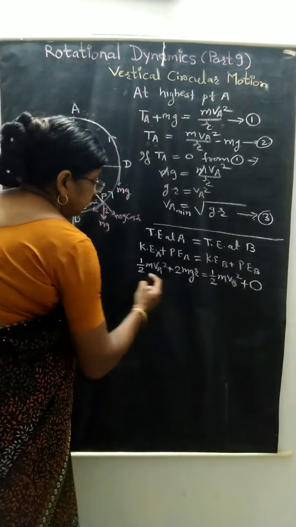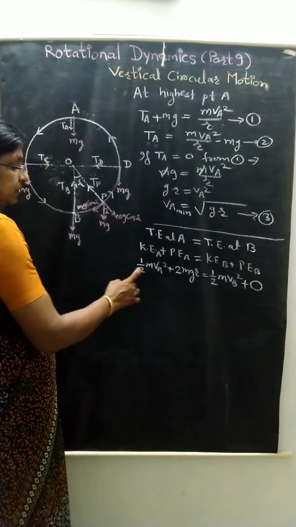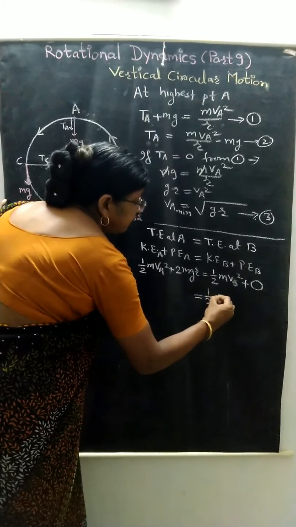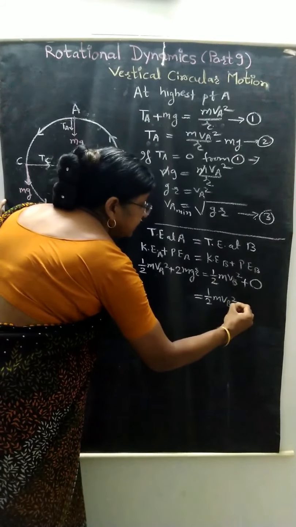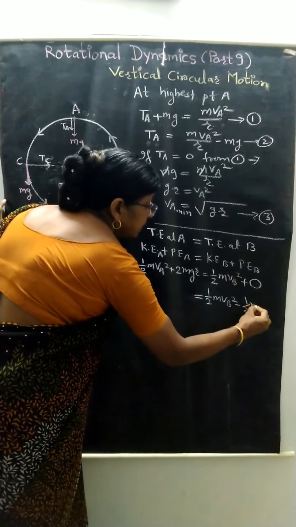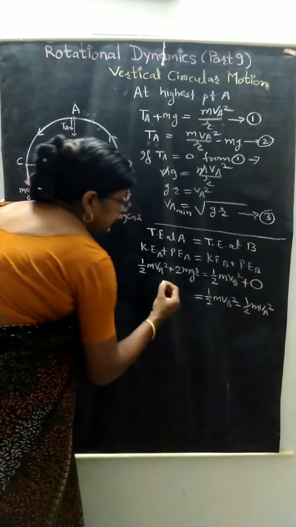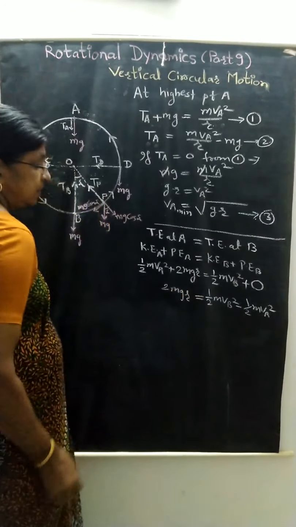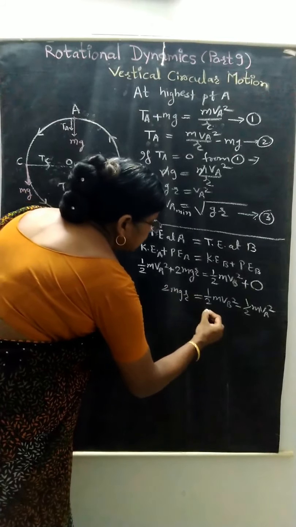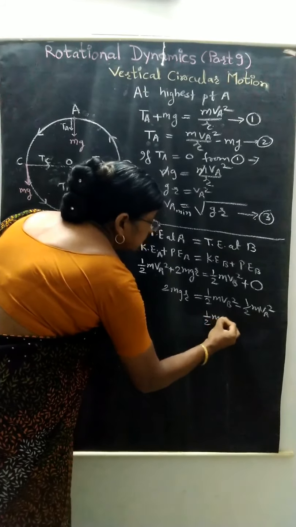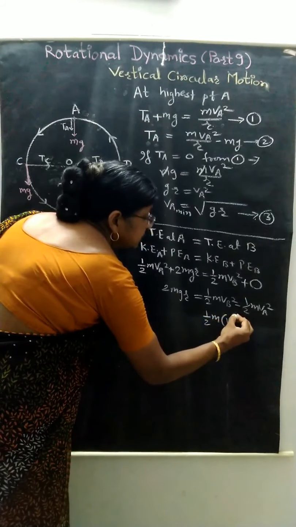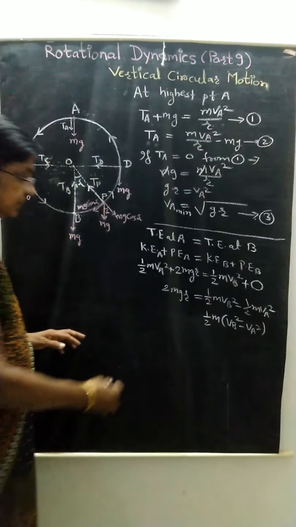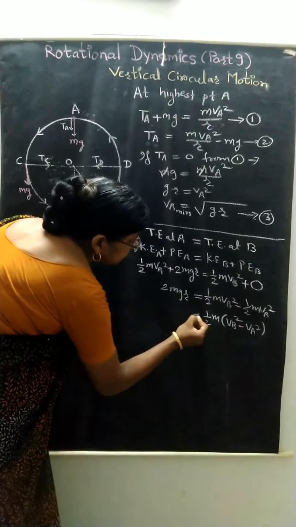Now I will transfer this term to the other side to obtain half m Vb square minus half m Va square is equal to 2mgr. Half m is taken common. So in the bracket there will be Vb square minus Va square, and it is equal to 2mgr.